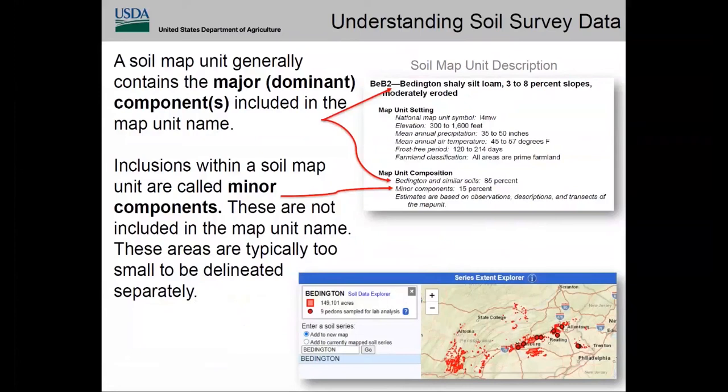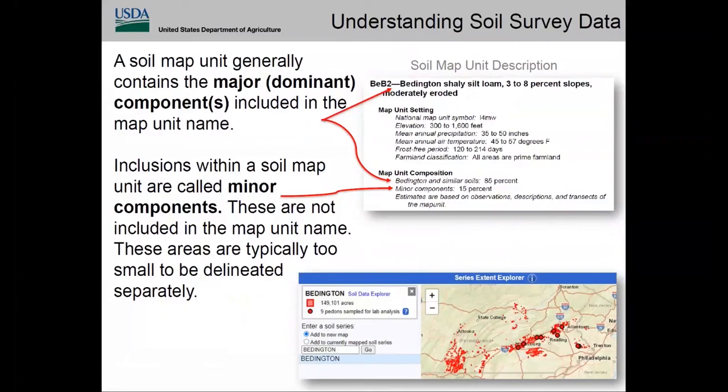Under the soil map unit description, on the upper right, you'll find the soil map unit symbol again. It's BEB2, and the soil map unit name, again, Beddington is the major component, and it is a series name, and I'll define that further. And it has a shaly silt loam surface texture on 3 to 8% slopes, and this is an eroded phase, meaning that the surface horizon is thinner due to erosion.